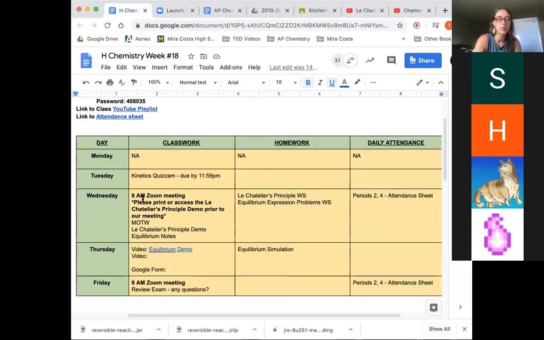All right, guys, let's take a peek at the agenda for today. We have molecule of the week, and then we're going to look at a little demonstration I filmed in my classroom before all this was over on Le Chatelier's principle. I've asked that you print out or access this demo so you can follow along with us. Then I have some equilibrium notes for you. Tonight I'm going to upload 2 worksheets for homework, and I'll put the answer keys to both of them.